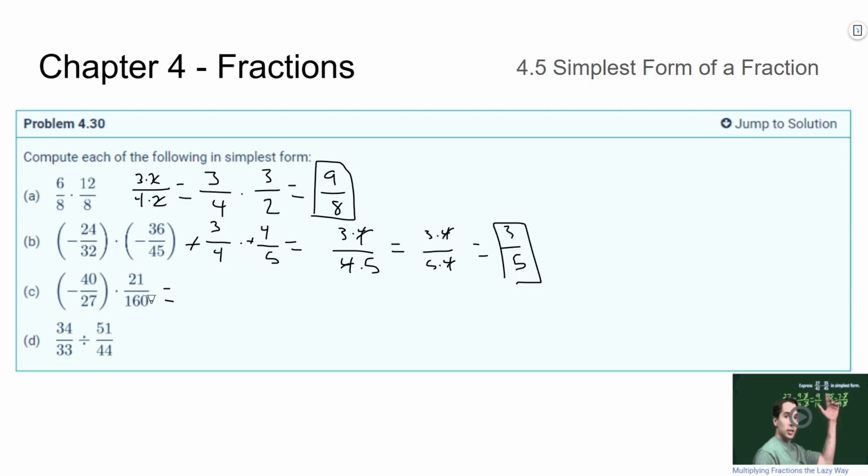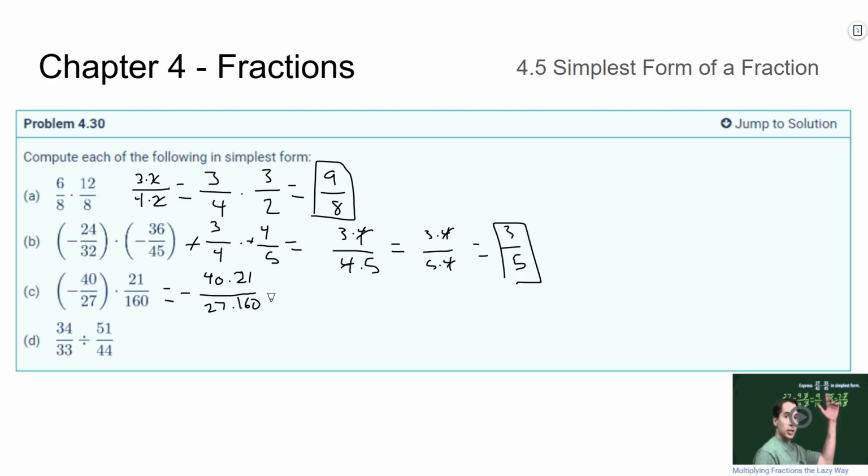So first of all, we know our final answer is going to be negative. We have a negative times a positive. So let's remember to include a negative sign in here somewhere. And let's go ahead and write 40 times 21 over 27 times 160. Okay, well, actually, when I write it like this, some things sort of stand out.